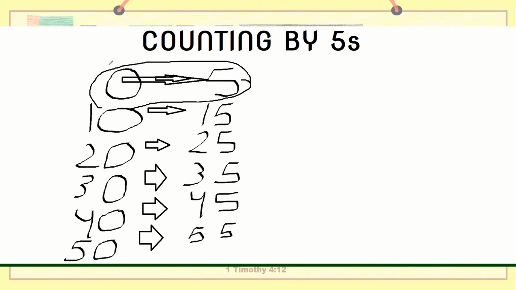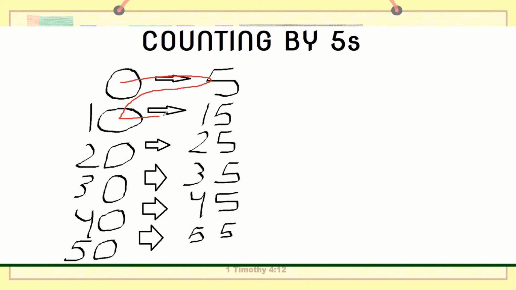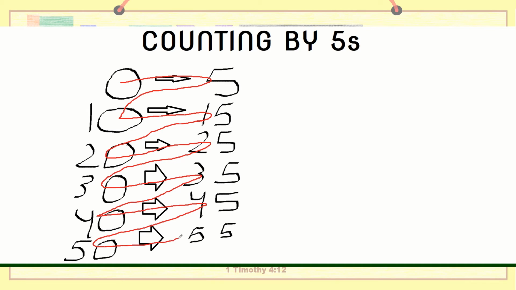But we want to, let me take that off. What we want to do is we want to go in this pattern: 0, 5, 10, 15, 20, 25, 30, 35, 40, 45, 50, 55. That is the pattern that we want to go into. Okay?